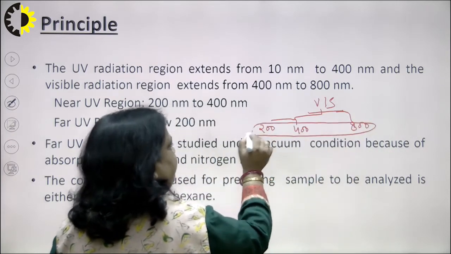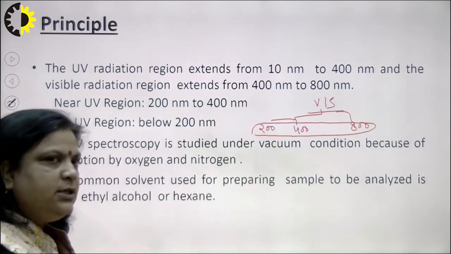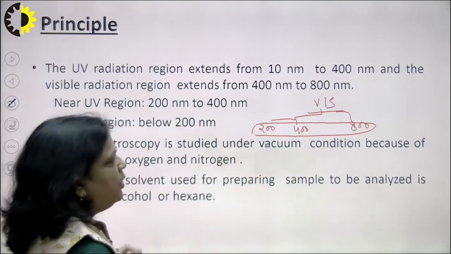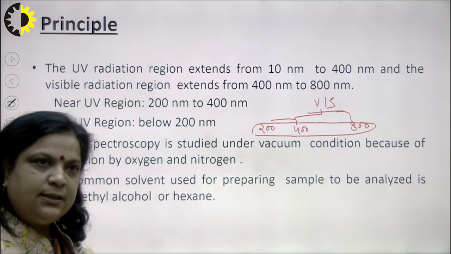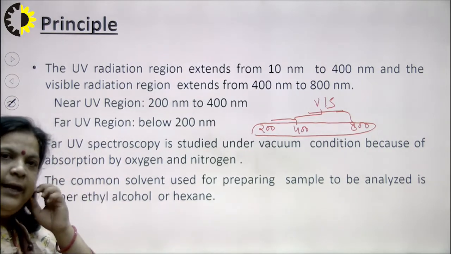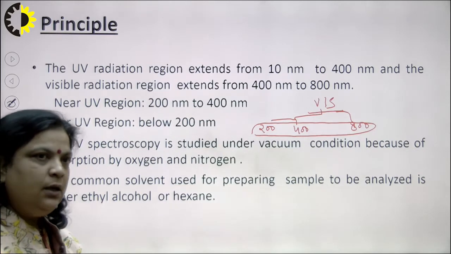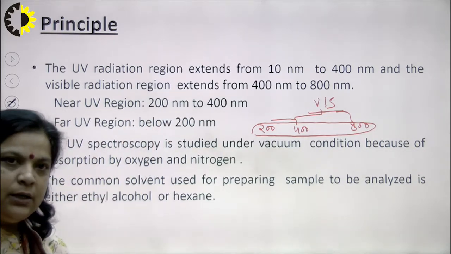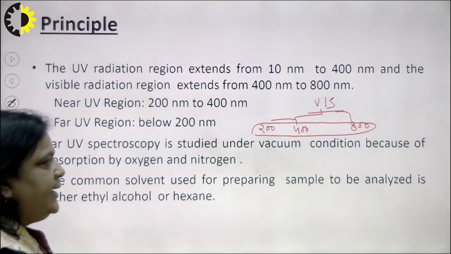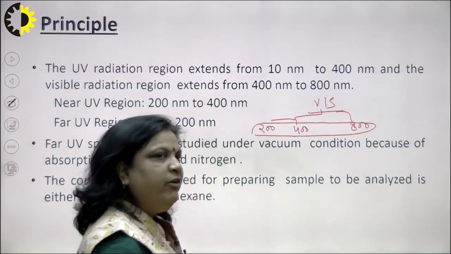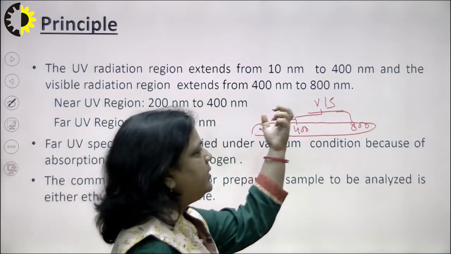So if we take the exact range, it is between 200 to 800, but below 200 is termed as far UV region. The UV radiation range extends from 10 nanometer to 400 nanometer, and the visible range extends from 400 to 800 nanometer. But the range at which we discuss UV visible spectroscopy is 200 to 800.